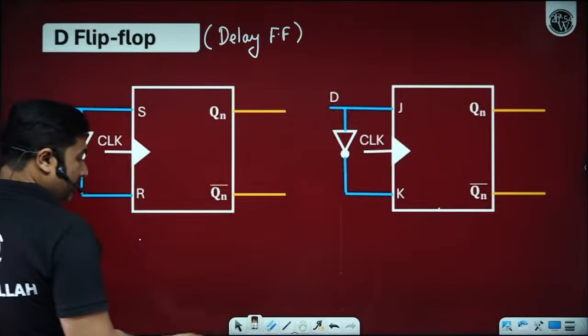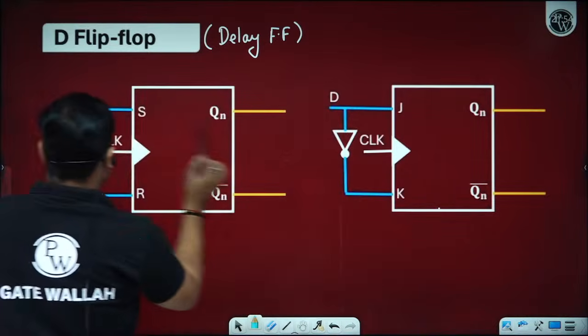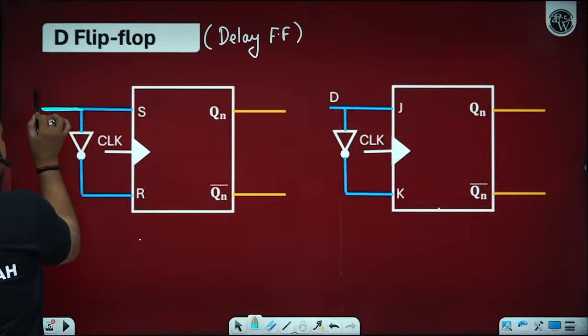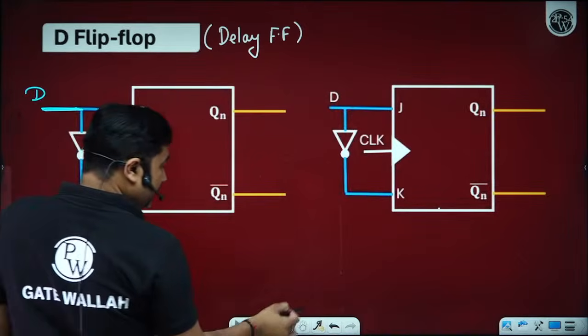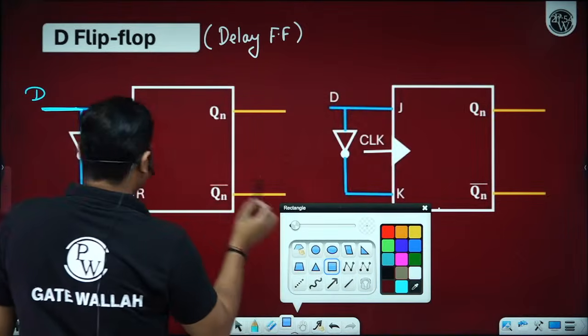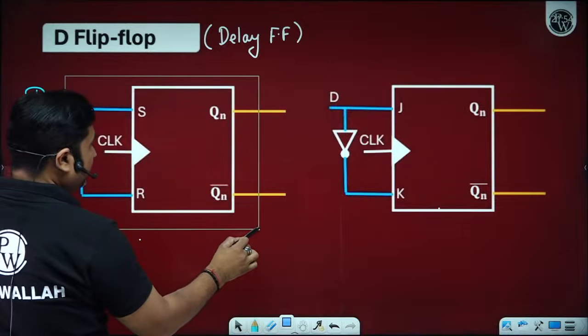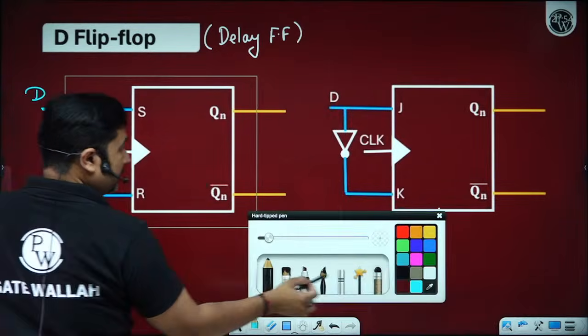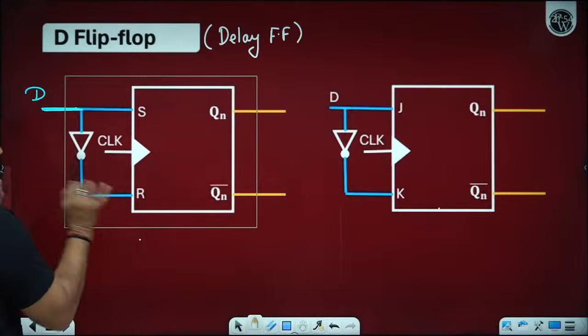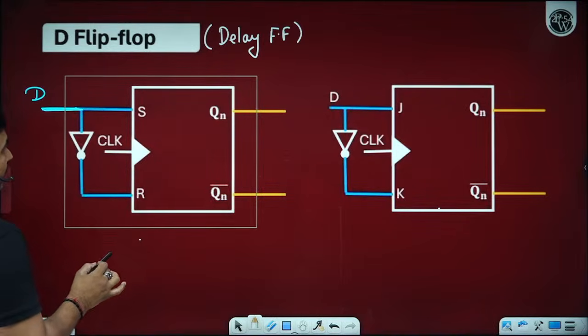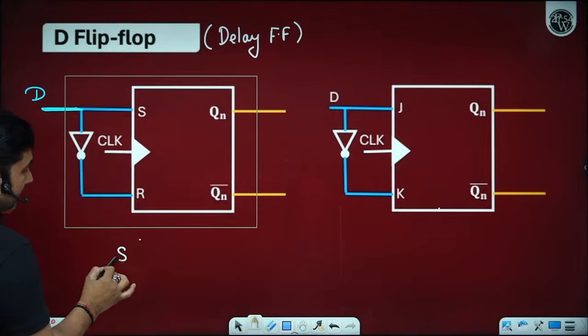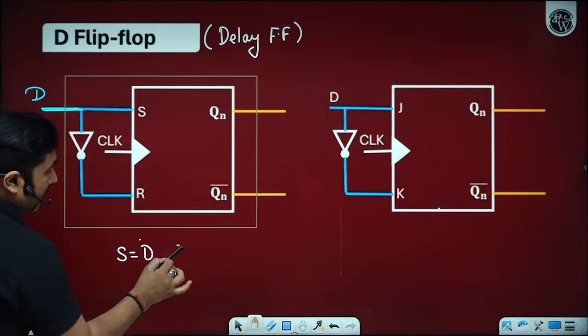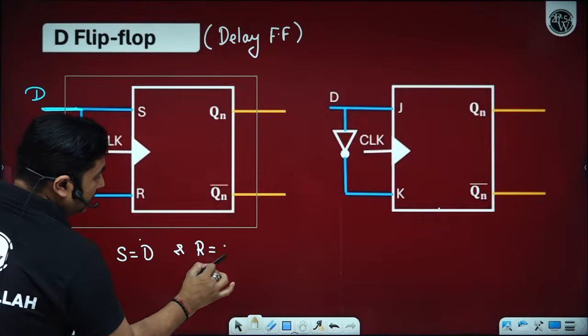First I am representing the D flip-flop using an SR flip-flop: S equals D and R equals D bar.